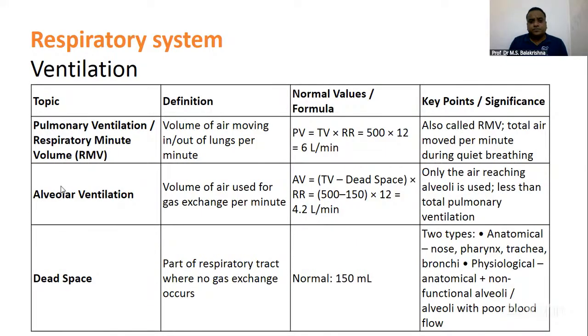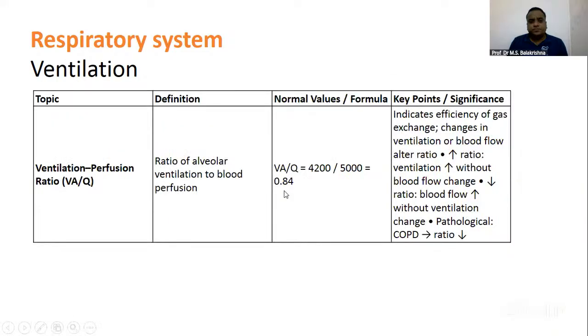So what is the ratio of alveolar ventilation to blood perfusion? That is VA by Q, which is equivalent to 0.84. So please learn this. The ventilation perfusion ratio indicates the efficiency of gas exchange.